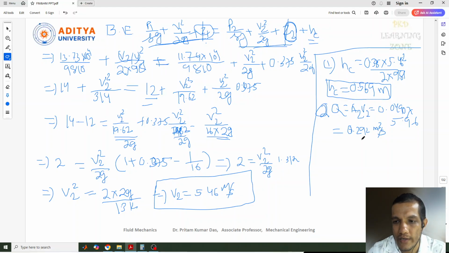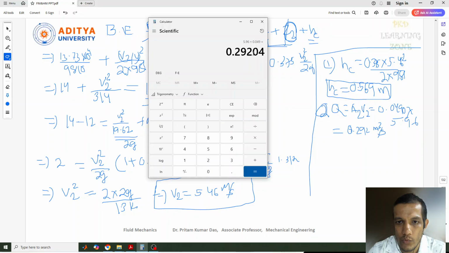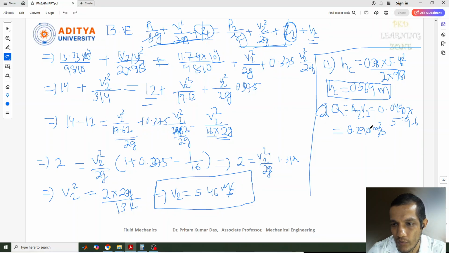If you want to convert this into liter per second, you can write 292.04 liter per second. So this is the answer for the rate of flow.